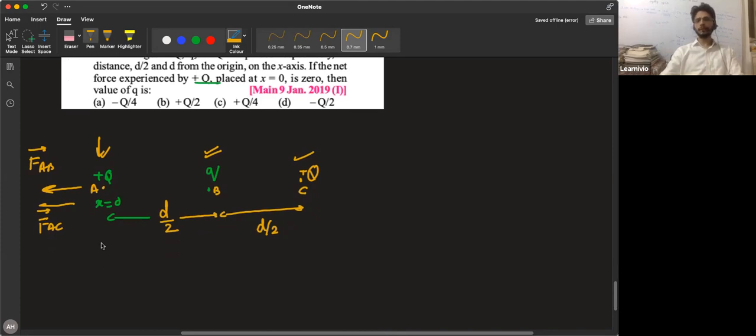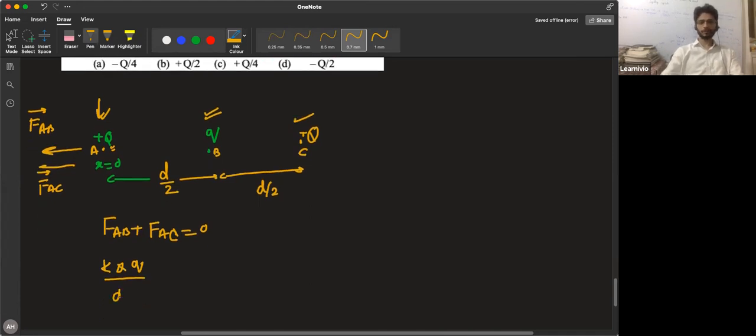Now we know that net force on this is 0. That means FAB plus FAC should be equal to 0. How much is FAB? Just tell me how much is the force on A due to B. Just simple Coulomb's law now I'm asking. K Q q by (d by 2) square. Yeah, so that would be d square by 4, right?